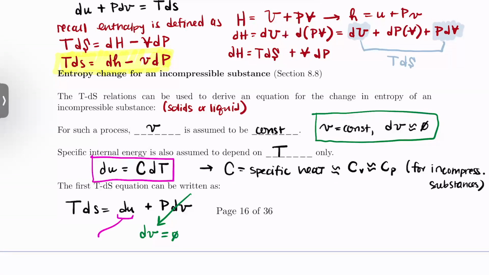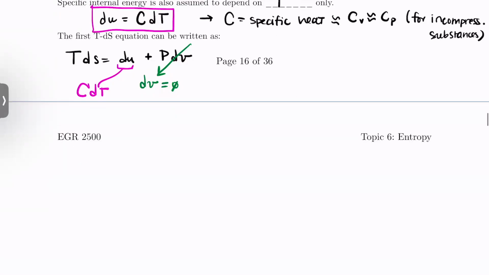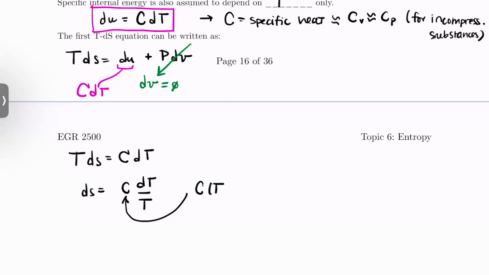So we can rewrite this as C dT. So this means that what I have now is T ds is equal to C dT, or ds is equal to C dT over T. All right. C, the specific heat, is a function of temperature.